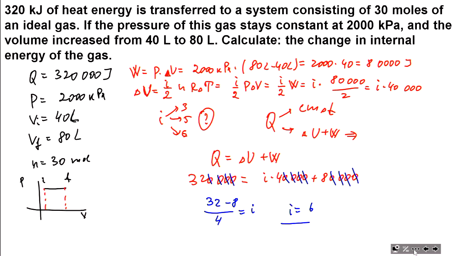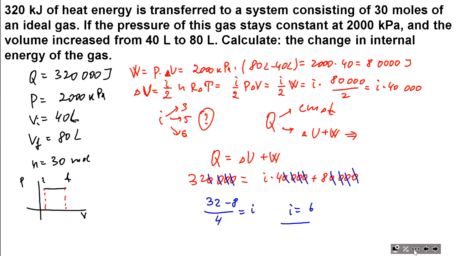This is a very, very rare, unusual situation when we need to find the number of degrees of freedom. But again, it doesn't matter what we are looking for or what we know. The strategy matters, and the strategy means connecting information, and we did it.